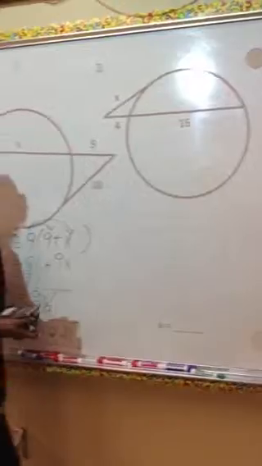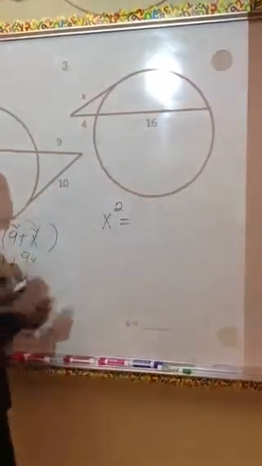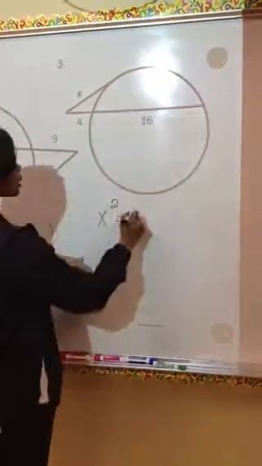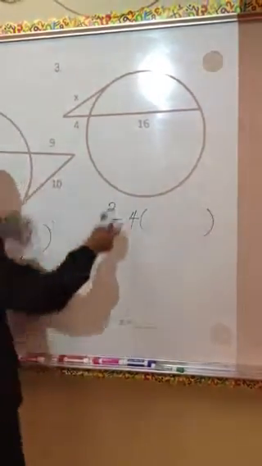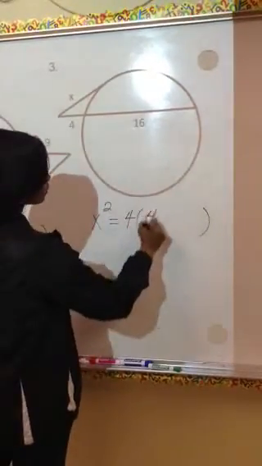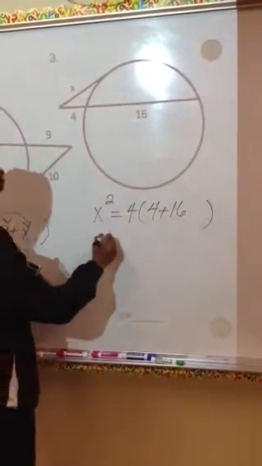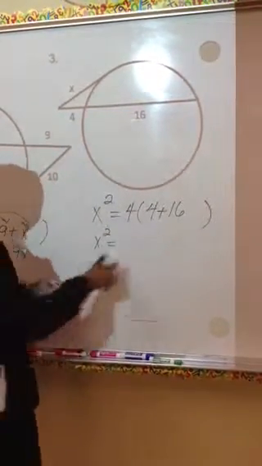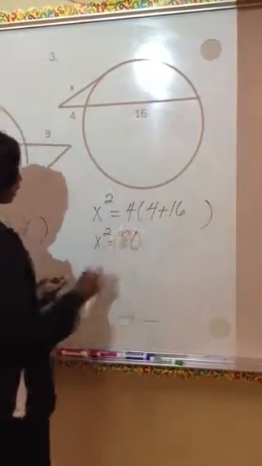Do you have it set up? Beginning with the tangent, square it, and set that equal to, for the secant, outside times the measure of the whole thing. And to get the whole thing, we add outside plus inside. Okay? So they give us x squared is equal to 4 plus 16 is 20, and 20 times 4 is 80.